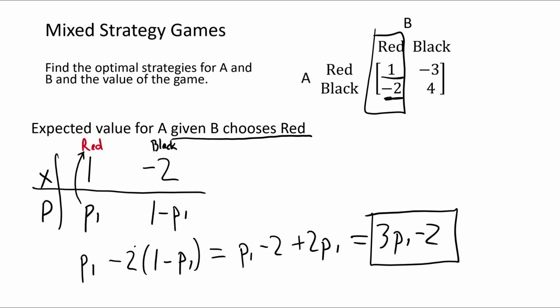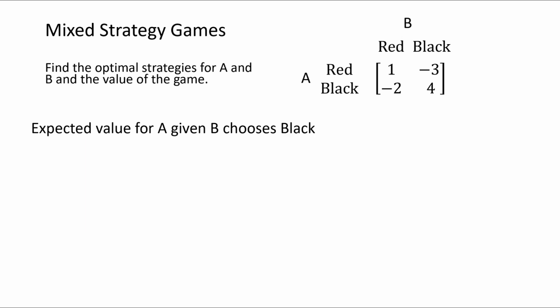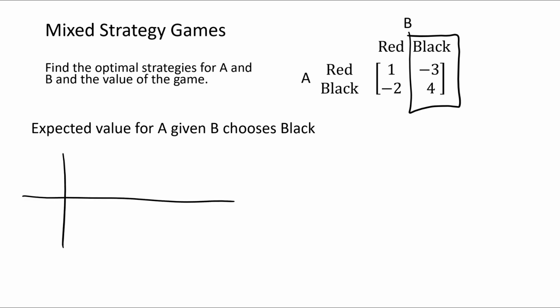All right, so now let's look at our next expected value. Our next expected value is going to be the expected value for A given B chooses black. So if B chooses black, then our possible values, so we'll write another expected value table, X and P. Our 2 values if B chooses a black card are -3 and 4. So again, what's important here is we're given that B chooses a black card.